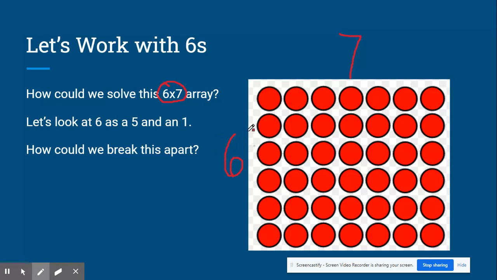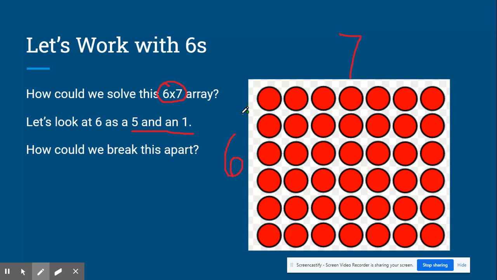So instead of looking at this 6 as a 6, let's look at it as a 5 and a 1. So boys and girls, let's think about it. Where could I break this array up to show 5 and a 1? I'll let you think about that for a second and feel free to gently put your finger up on the screen and show where you could do that.